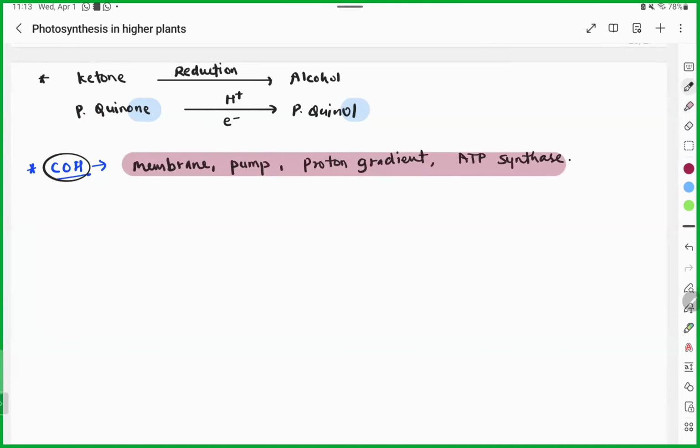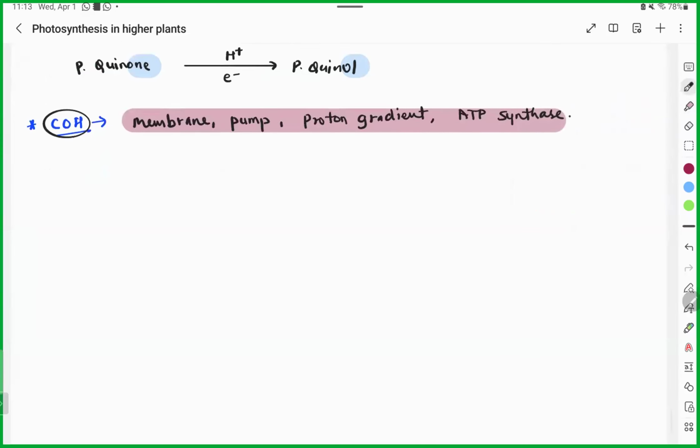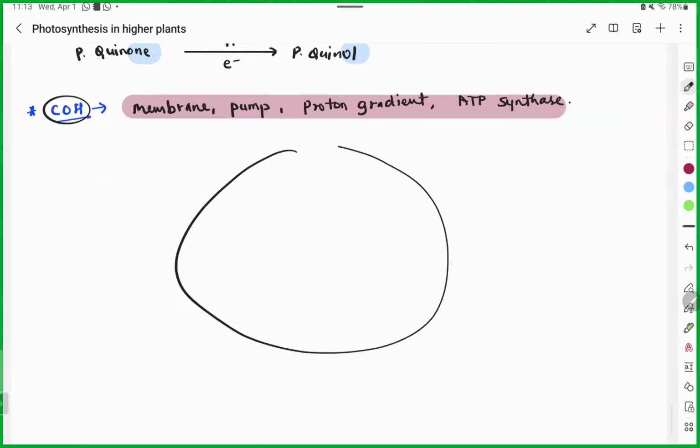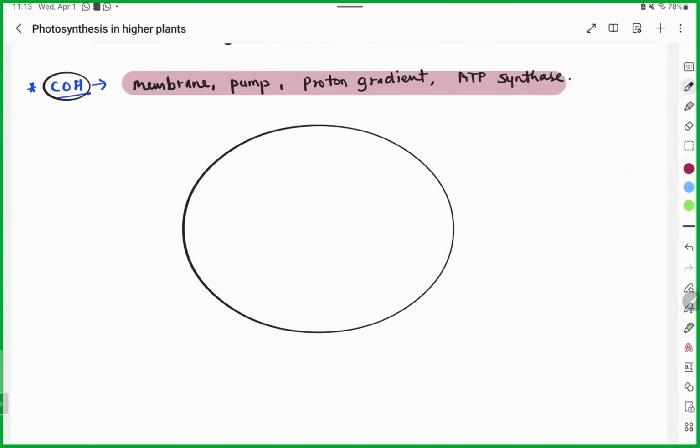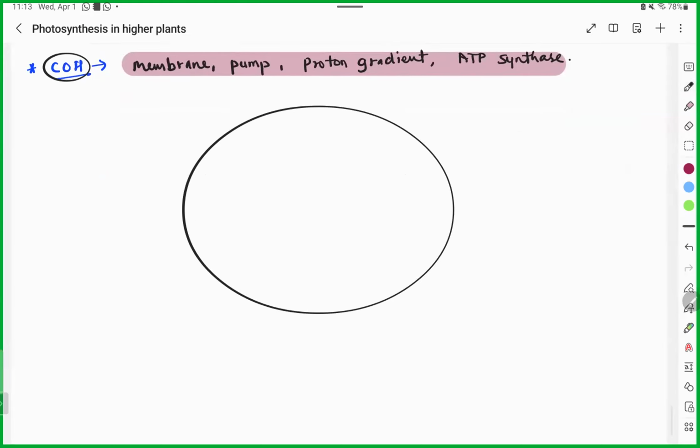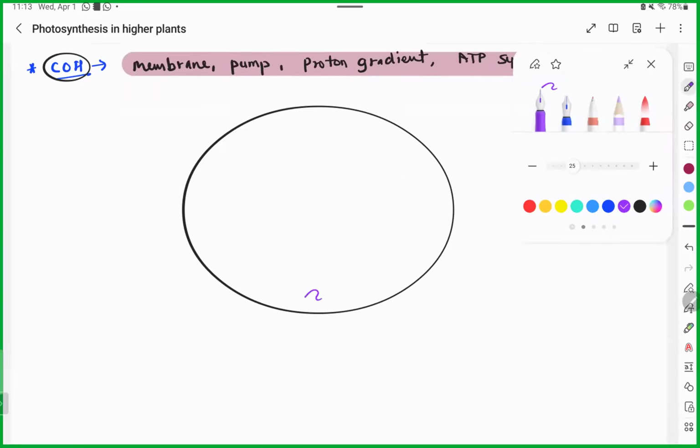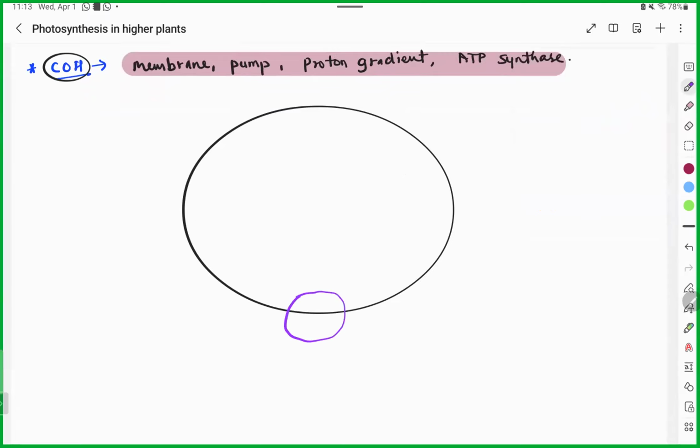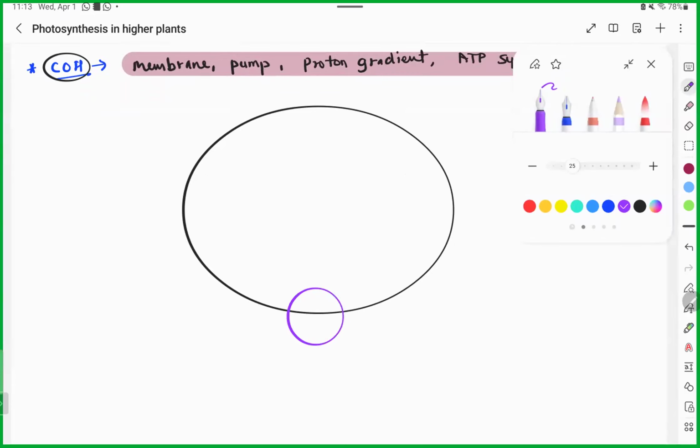Correct? So now look at the dam example. This is your thylakoid membrane. The thylakoid membrane is like your dam. The dam has an important gate channel, and this channel has a turbine also.